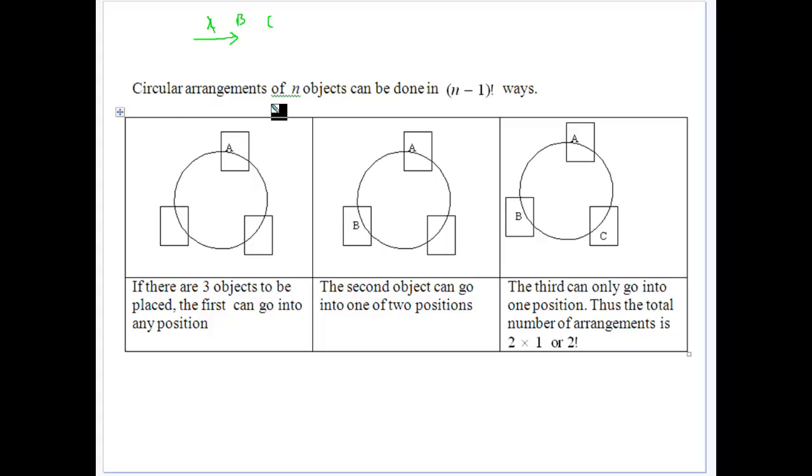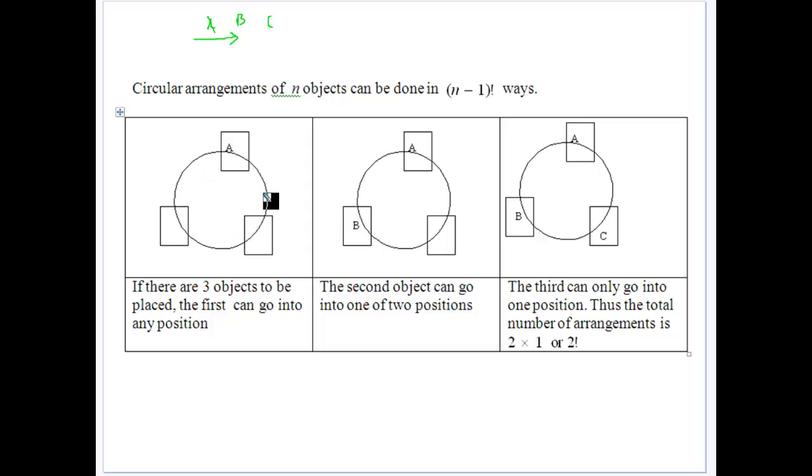Now, if we want to have n objects and we want to arrange them around a circle, for example, we're just going to do it with 3 here. So the first element A we put in somewhere. Because it's a circle, there's no front, there's no beginning, there's no end of the circle as such. If you remember your Harry Potter, there's a nice little riddle about that in one of the books.